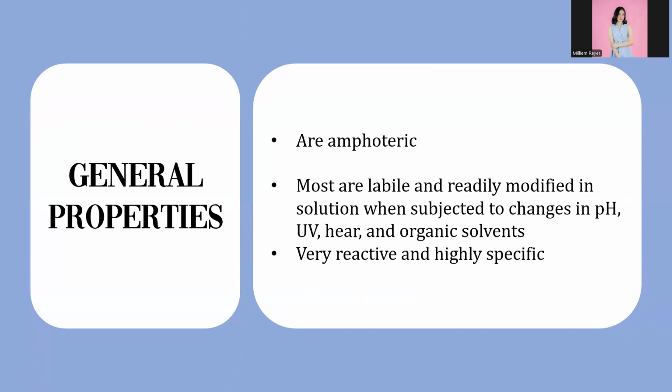Amphoteric just means that they can be both an acid and a base, which we will discuss after this slide. Most are also labile and are readily modified in solution when subject to different physical changes like the pH, UV, heat, and organic solvents. And because they are labile, they are very reactive and highly specific.